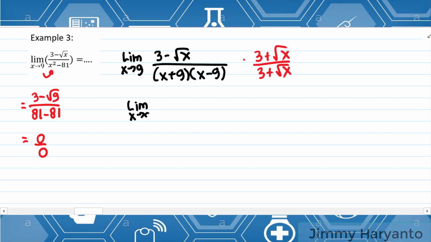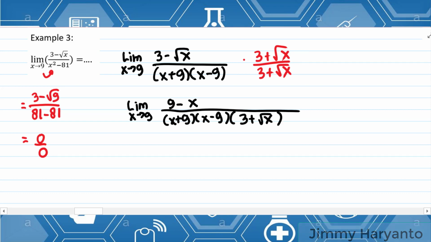Okay, let's multiply them. 9 minus x over x plus 9, x minus 9, and then 3 plus square root of x. There you go. And then we can cross out this one, but be careful, the sign is the opposite. For the top one the x is negative, for the bottom one x is positive; for the top one 9 is positive, for the bottom one 9 is negative, so the result is not 1 but negative 1.